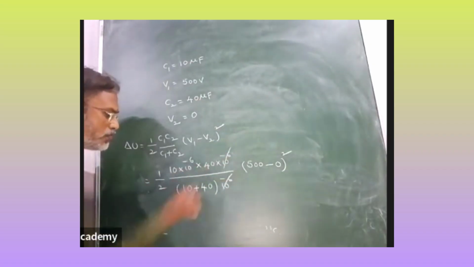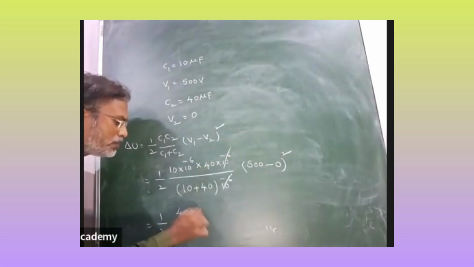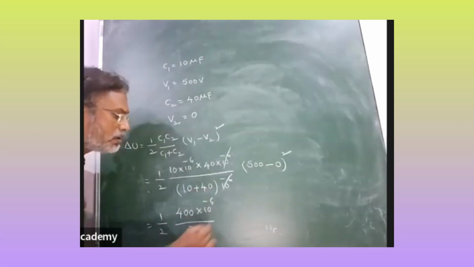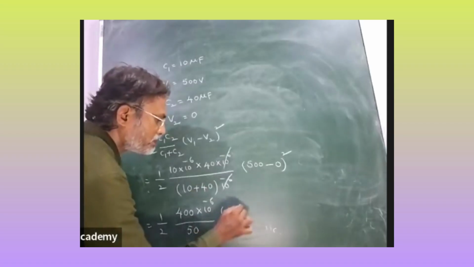Half, 10 into 40 is 400, into 10 power minus 6, by 10 plus 40 is 50, into 500 square.